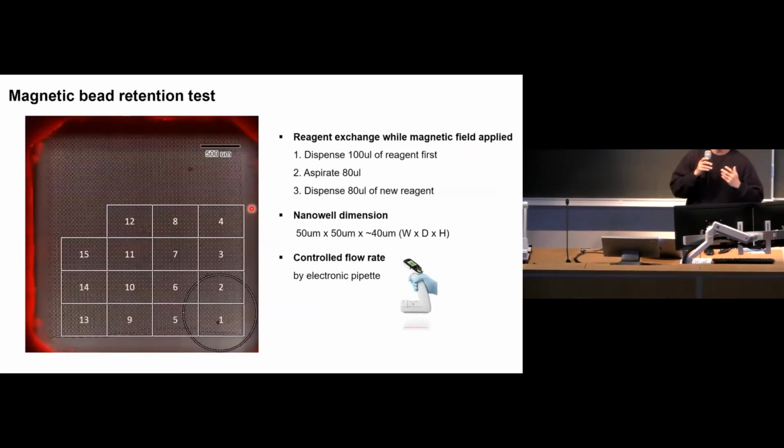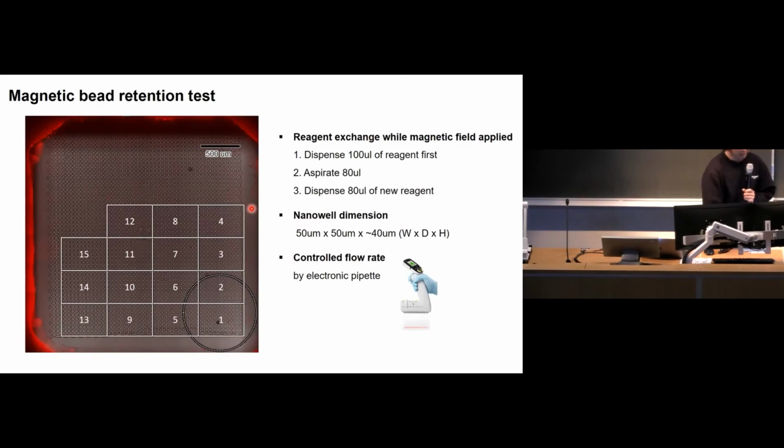The major purpose of the nanowell is containing the cells and bead in the same position through the whole assay protocol. So here is the test that I did to find out whether the function of the nanowell is actually working or not.